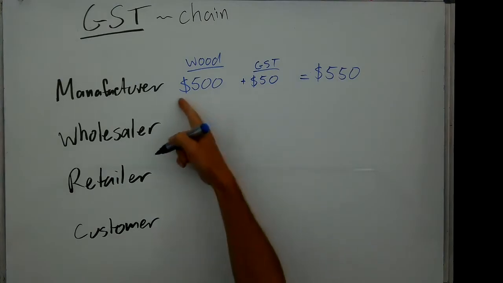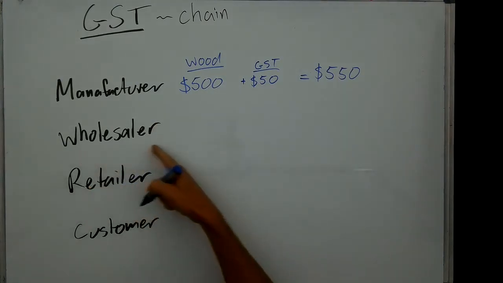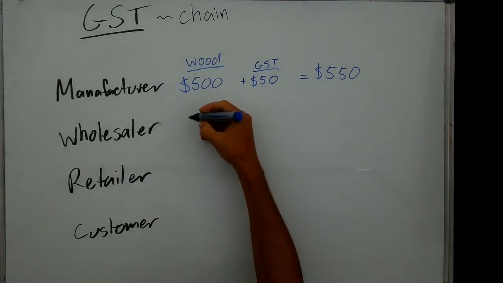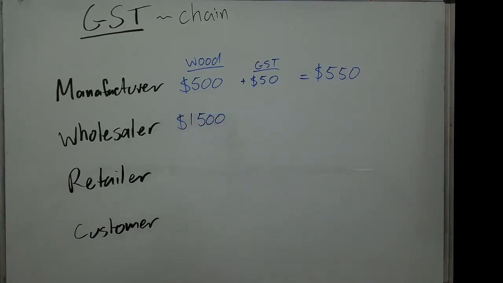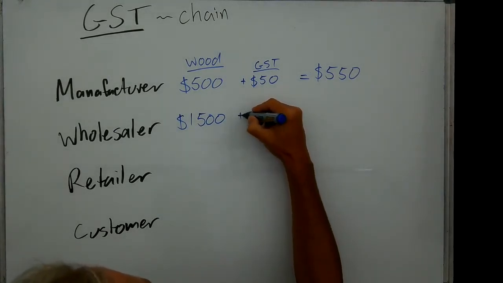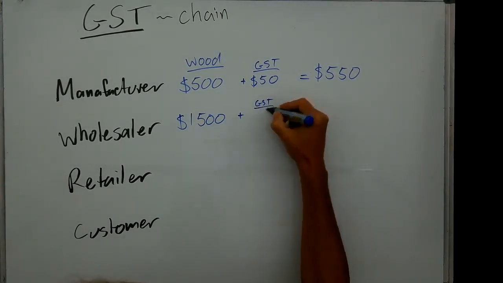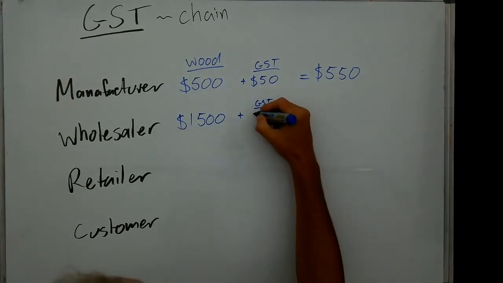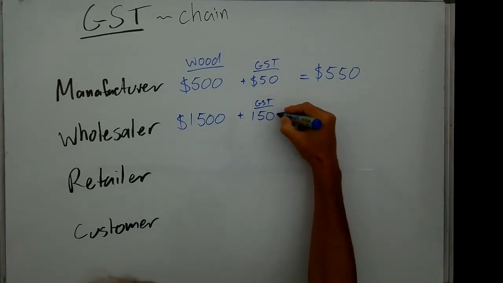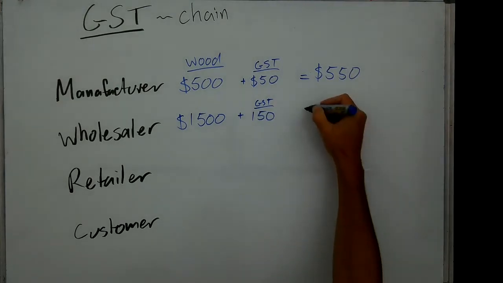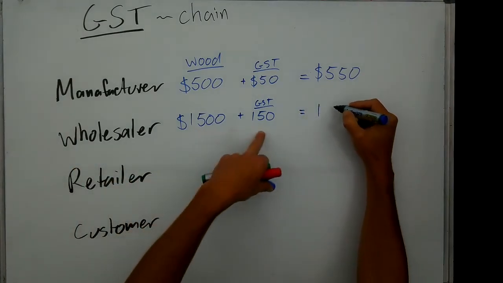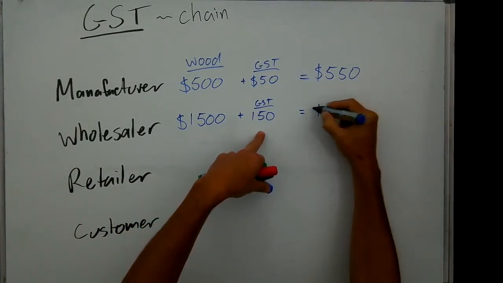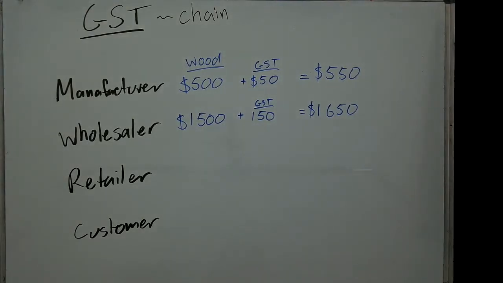So the manufacturer sells the tables to the wholesaler for, let's say, $1,500. But he also has to charge GST. So he's adding 10% of this, which is $150. So the wholesaler, out of his pocket, pays $1,650, which has GST in it.